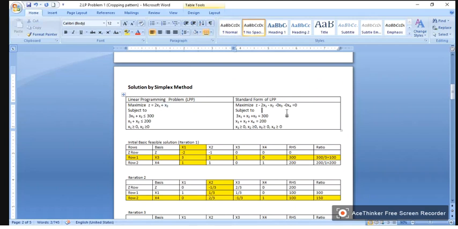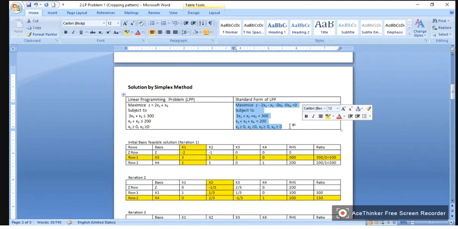If we write it in equation form, it becomes z minus 2x1 minus x2 minus 0x3 minus 0x4 is equal to 0. If we write in this fashion, it is called the standard form of LPP.